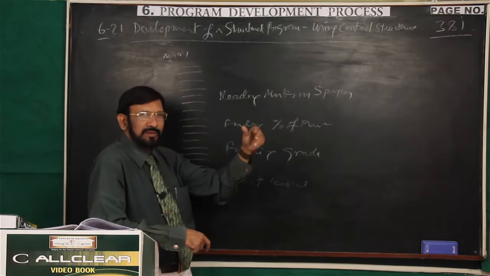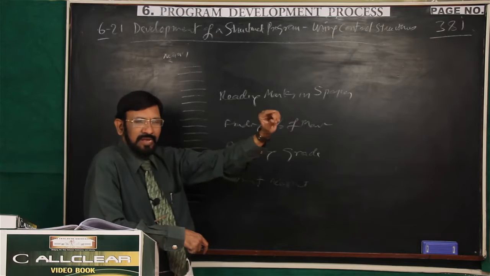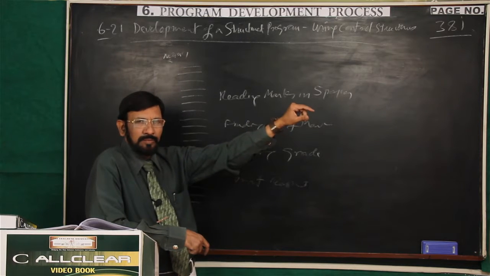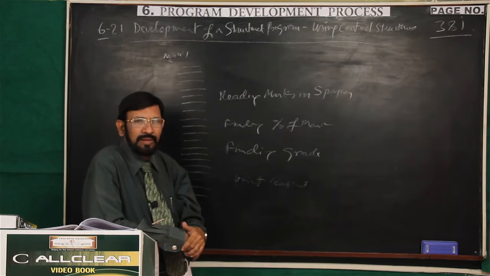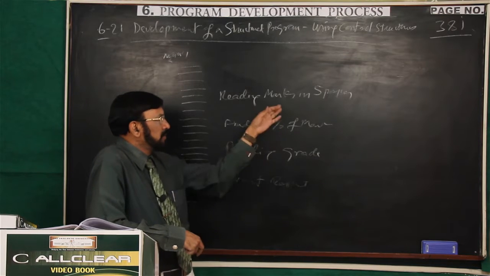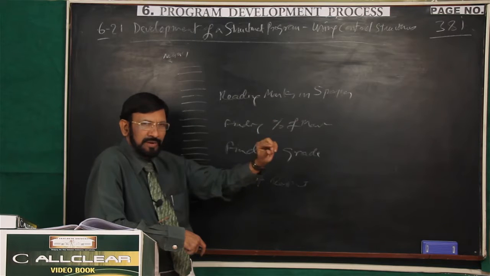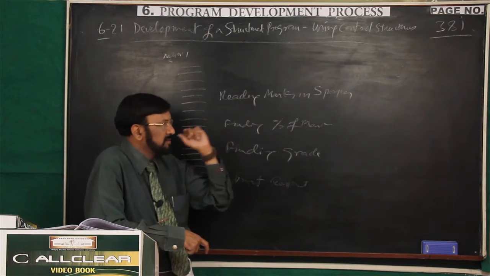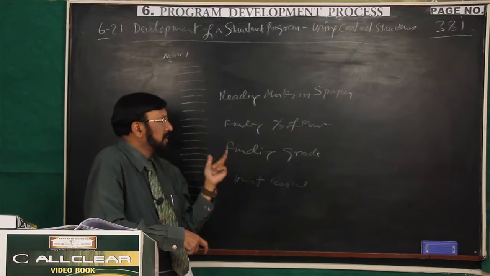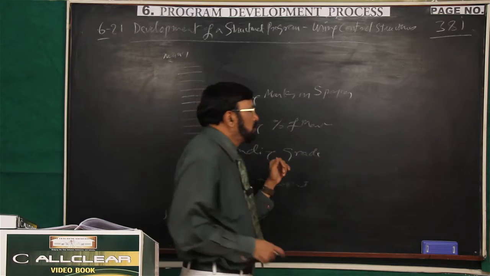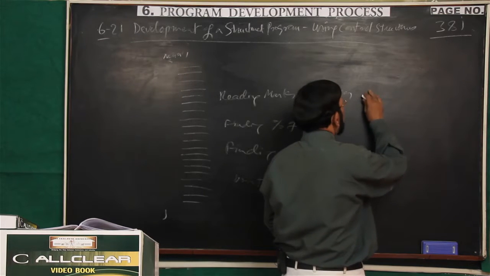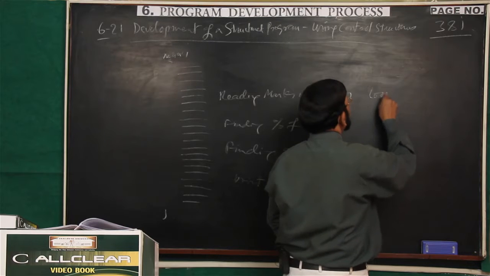For reading marks, for each paper, one scanf statement and a corresponding prompt statement you have to write. So 5 plus 5, 10 statements sequentially. One prompt statement reading the first paper, one prompt reading the second paper, like that. Instead of that, you can define an iterative, that is, loop control structure.